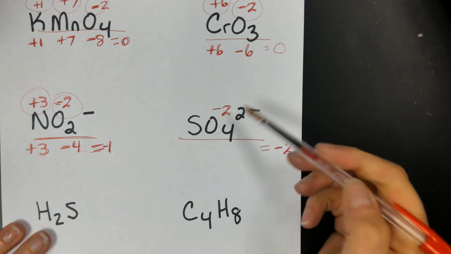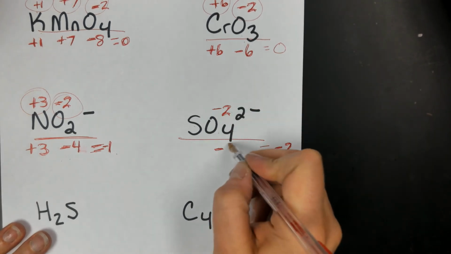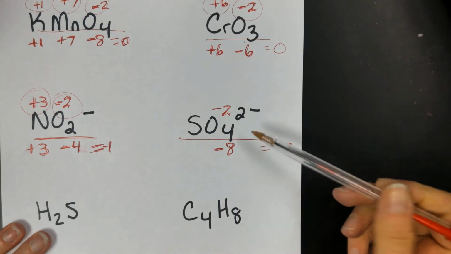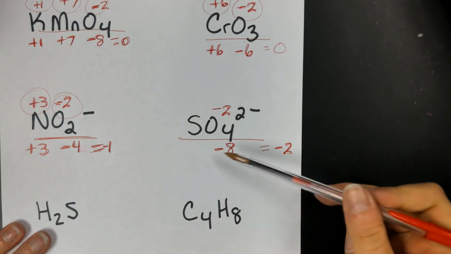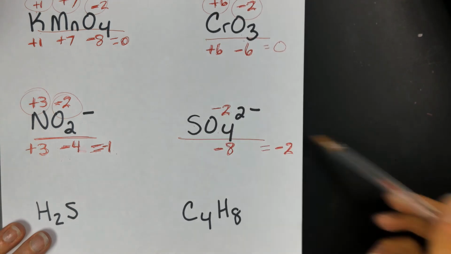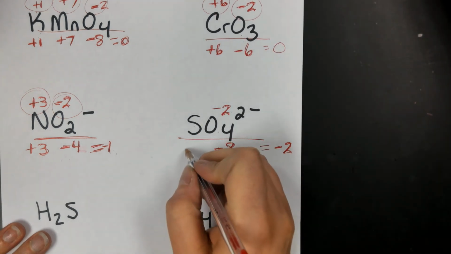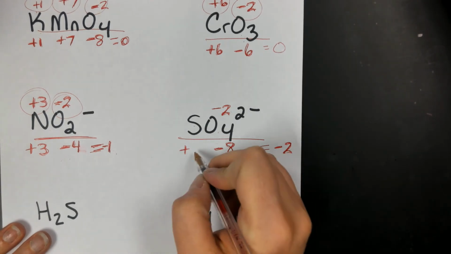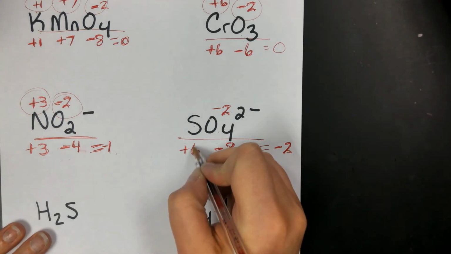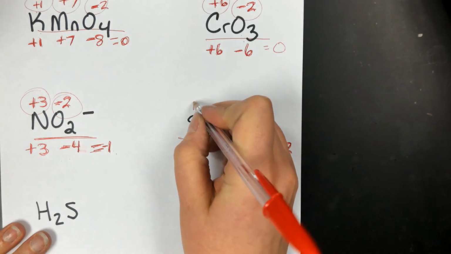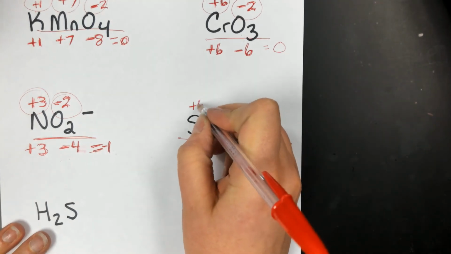And so if there's 4 of them, it's a total of -8. So what must sulfur be in order for this to total out to -2? Sulfur must bring a total of +6, correct? So sulfur's oxidation number in this problem is +6.